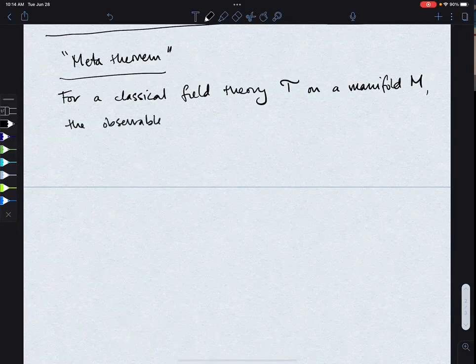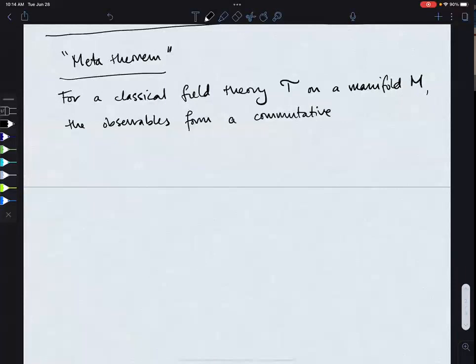The observables form a kind of factorization algebra, but it's actually a commutative factorization algebra on M. I should have said something earlier: a factorization algebra is a local-to-global object, like a sheaf, basically. So it lives on a space.